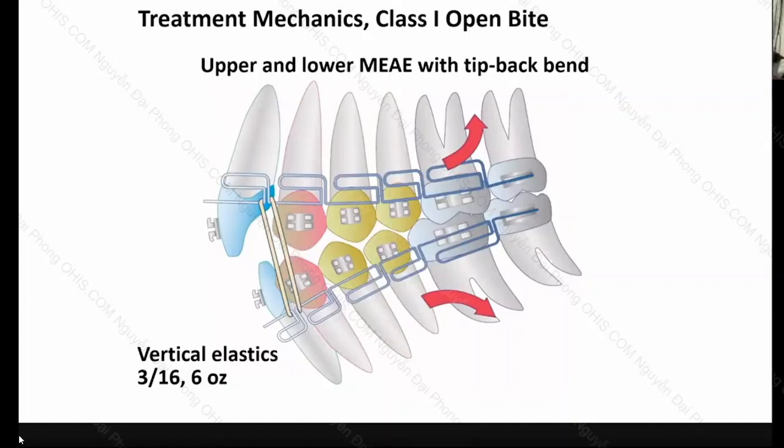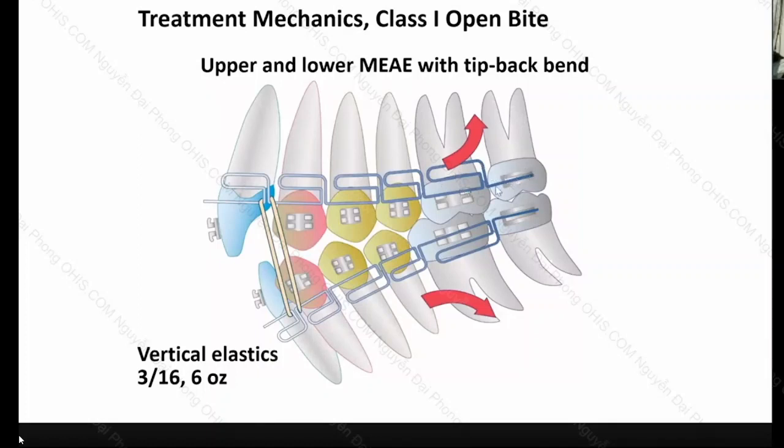Yeah? Then use one elastic here, from the first loop to first loop, we call this a vertical elastic. Then try to upright a little bit and depress a little here, the molar area.